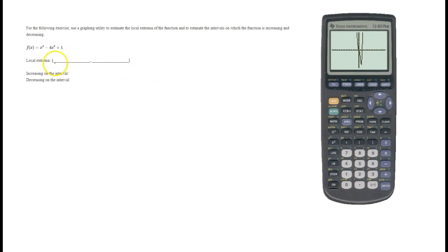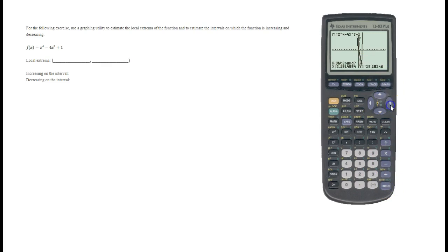To find the local extrema, or the minimum value, I'm going to go second, hit trace, so that's going to bring up the calculate menu, and I'm looking for number 3, which is the minimum. It's going to ask for a left bound, so I'm going to get as close as I can. That minimum's about right there, so I'm going to go just a little bit to the left of it, hit enter.